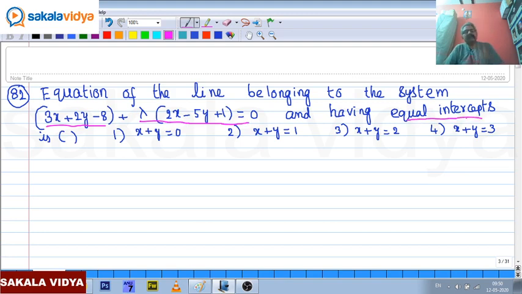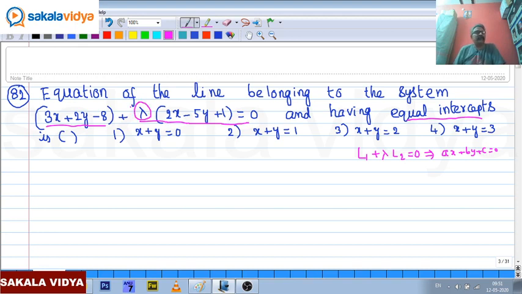So that means first, this is in the form of L1 plus lambda L2 is equal to 0. So you need to put this in the form of ax plus by plus c is equal to 0. Then find x-intercept and y-intercept, both need to be equated so that we get the value of lambda. Substitute lambda here, you get required answer.